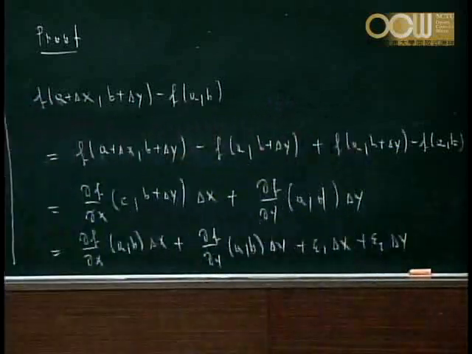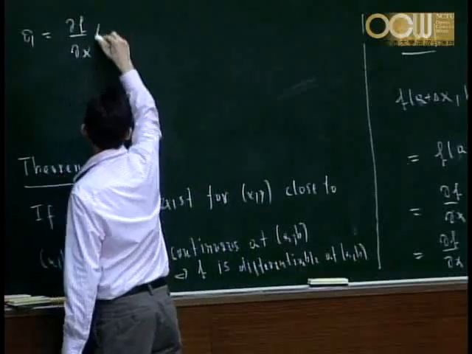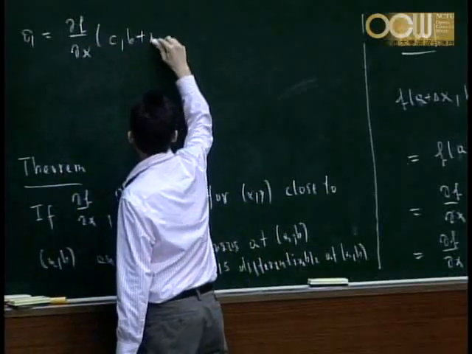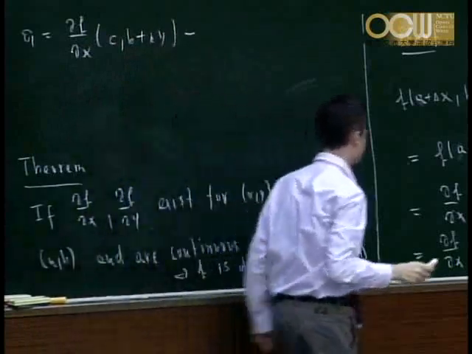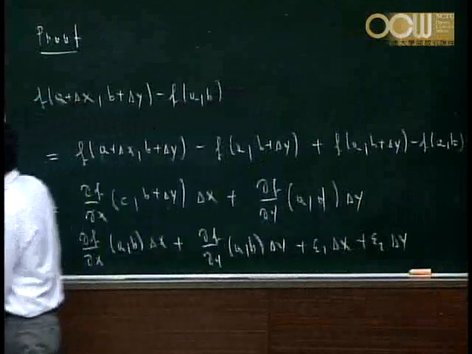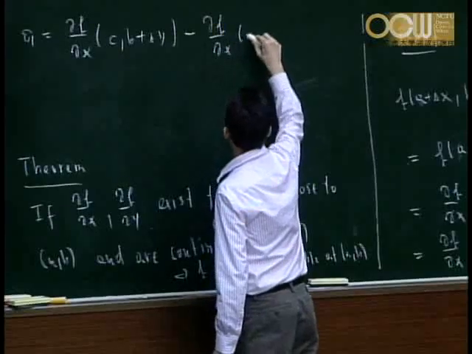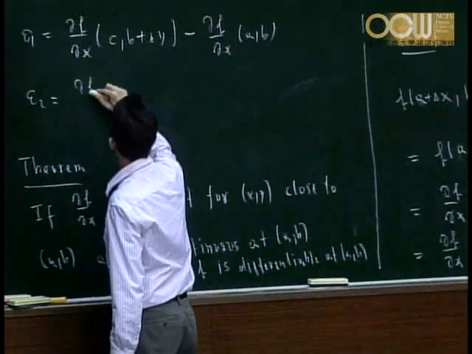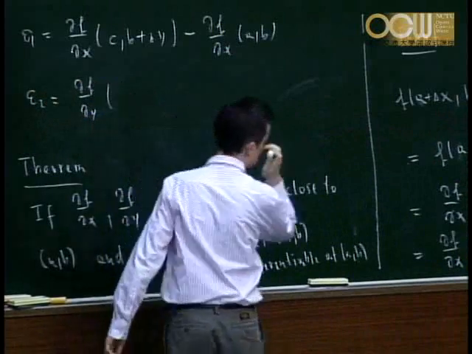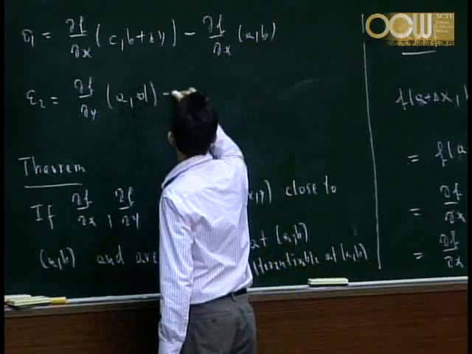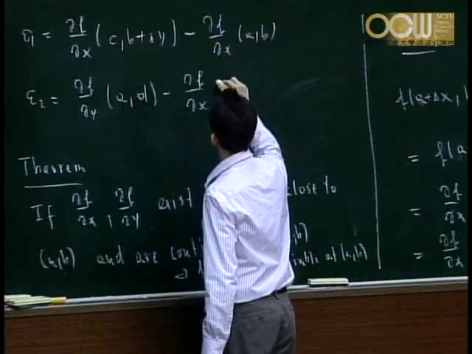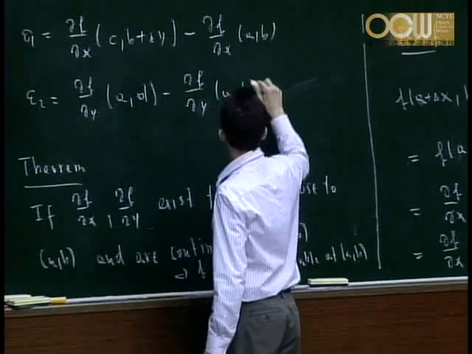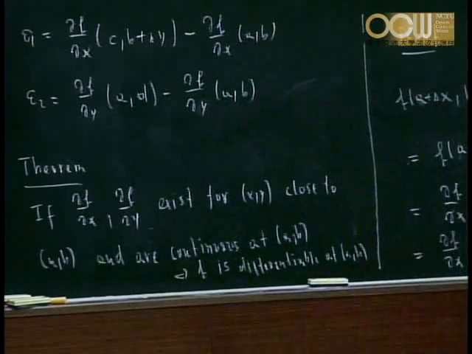So I have this guy here: the partial derivative of f with respect to x at (c, b plus delta y), and then I have to subtract this one because this one I added: the partial derivative of f with respect to x at (a, b). And the other one is this one: the partial derivative of f with respect to y at (a, d) minus the partial derivative with respect to y at (a, b). Right, so the only idea which I used is the mean value theorem. The rest is just rewriting.